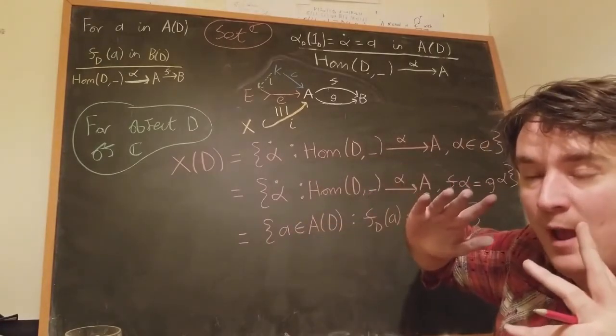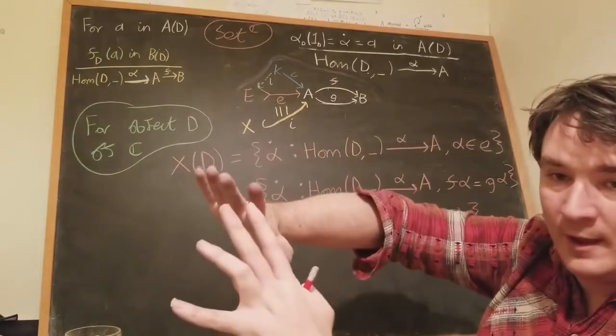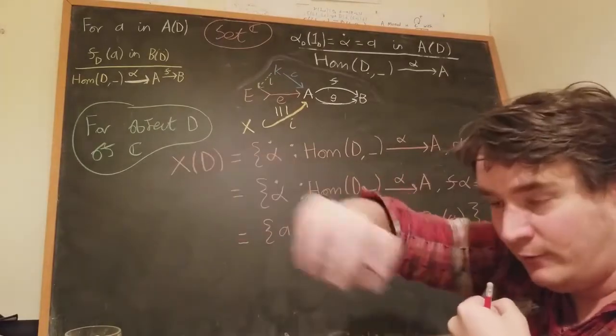If we're interested in the d-type elements of this equalizer, we just look at the dth components of the arrows involved.